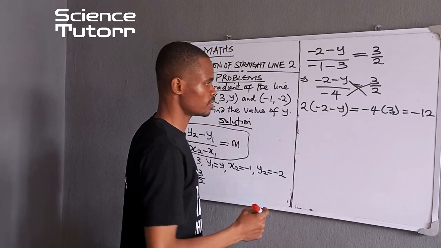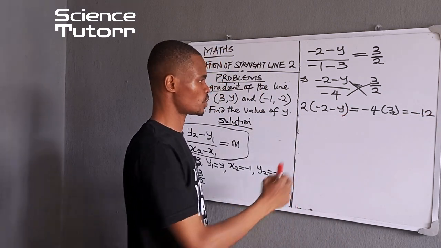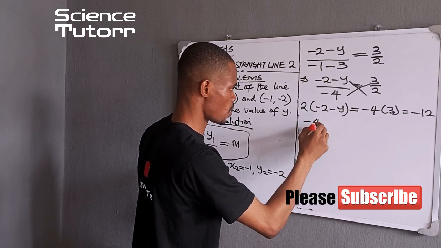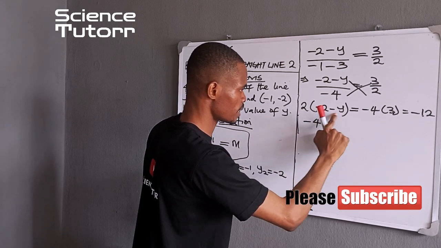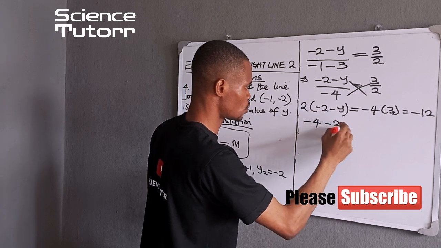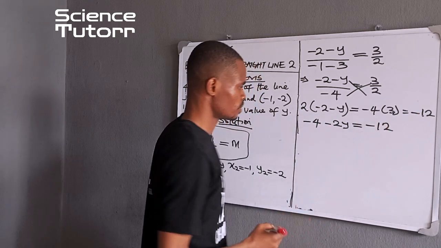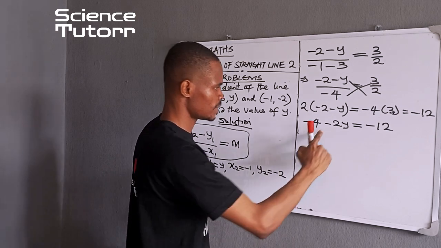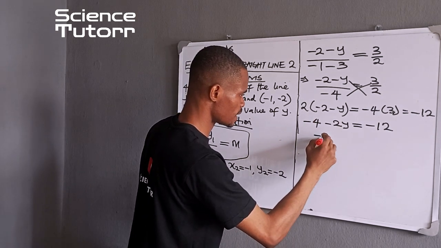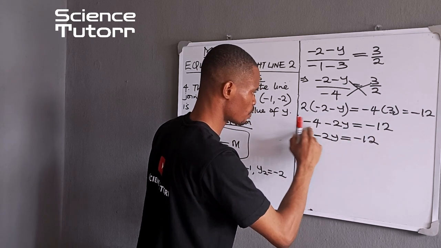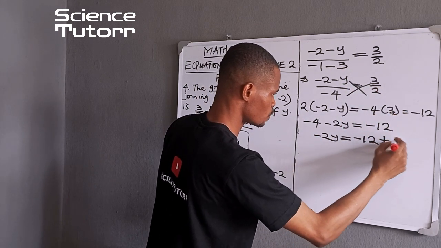So expanding the left-hand side of the equation, we have this and this. This times this gives us minus 4. 2 times minus y gives us minus 2y and is equal to minus 12. Collecting like terms, we have on the left-hand side minus 2y to be equal to minus 12 plus 4.